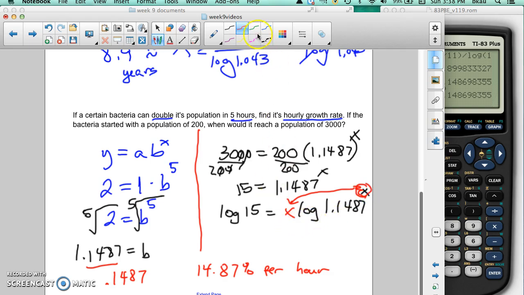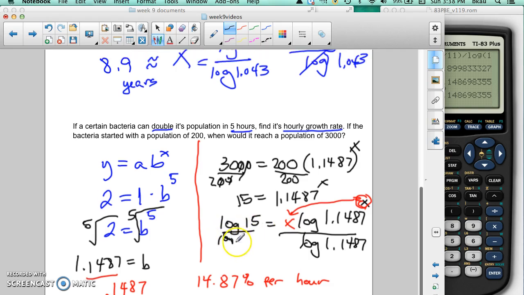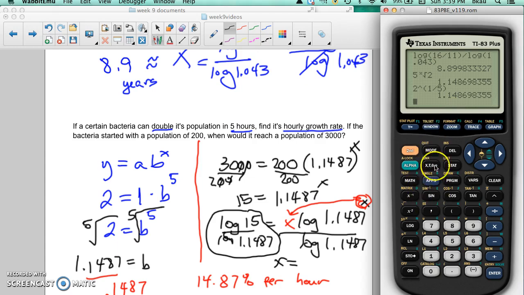And then we're going to divide by log of 1.1487 to get our answer. So these two logarithms divided will give our answer for x here. So let's do that on the calculator and figure out what that is.